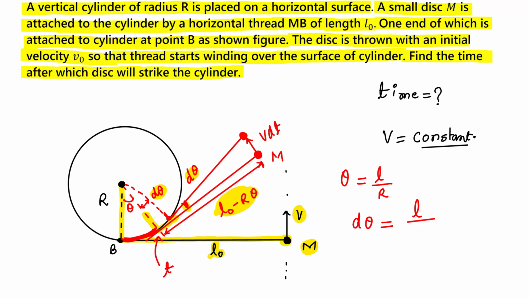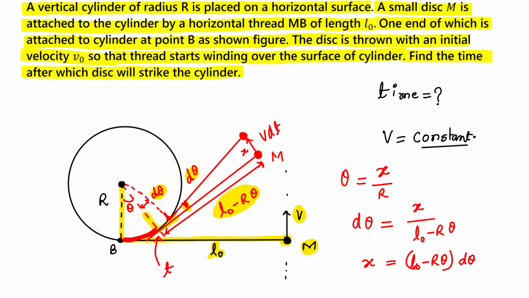Let's call this distance x, which is v dt. So x is nothing but L naught minus R theta times d theta.